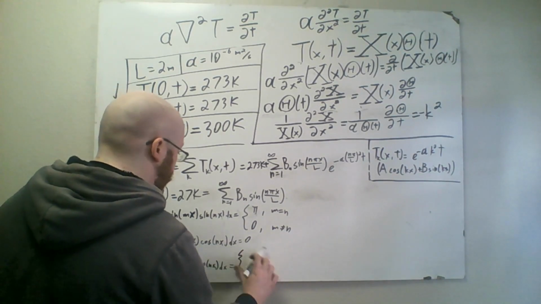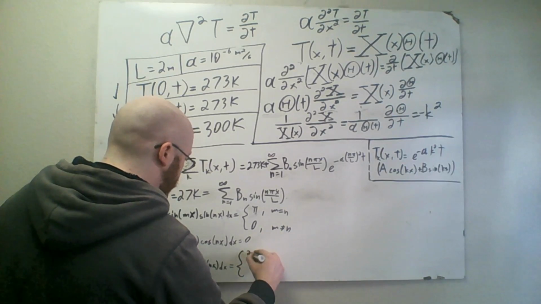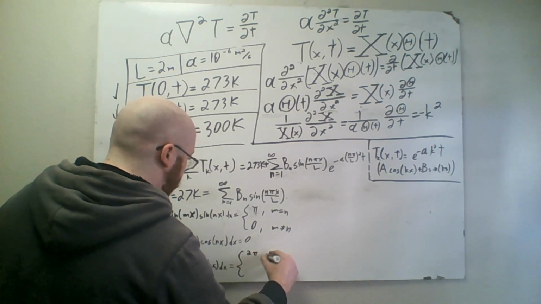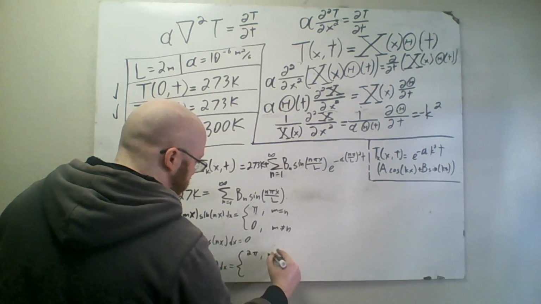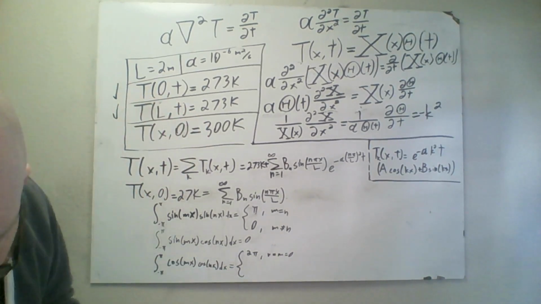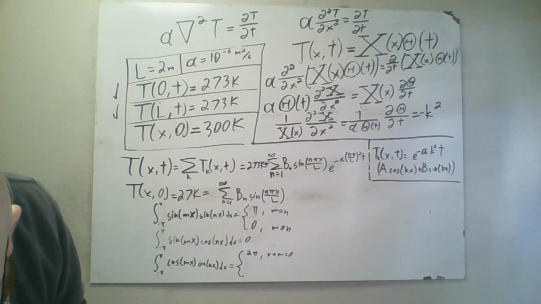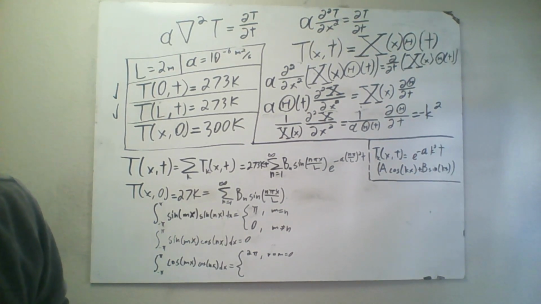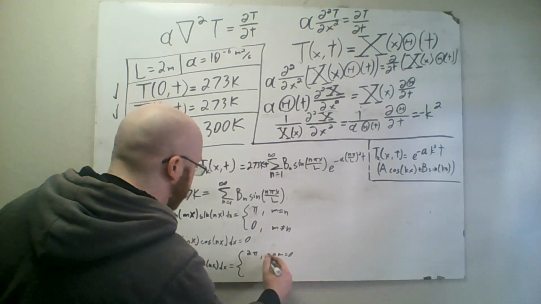three possibilities. 2 pi if n equals m equals 0.